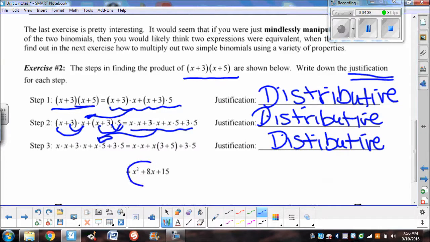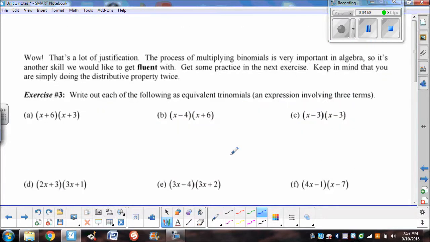And here's our final answer. They cleaned this up, did the multiplication, and did the simplifying. So if you take two binomials, x plus 3 times x plus 5, and multiply them together using the distributive property essentially twice, we end up with that trinomial. Let's flip the page and practice this idea.